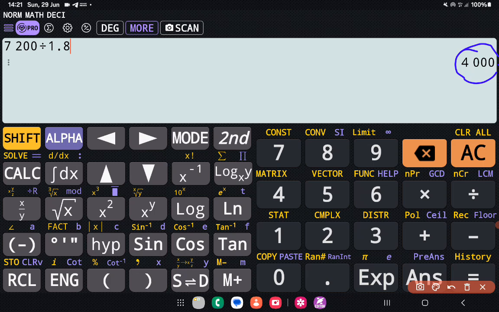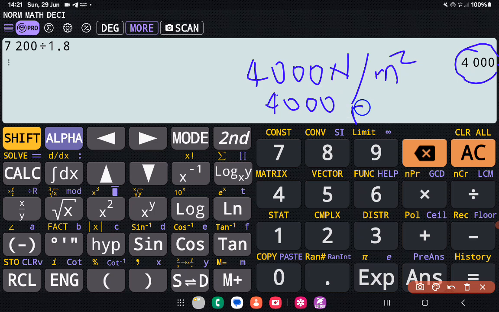So the answer is 4,000 newtons per square meter. You remember that you can also write this as 4,000 pascals. The unit of pressure can be newtons per square meter or pascals. Any one of these is acceptable.